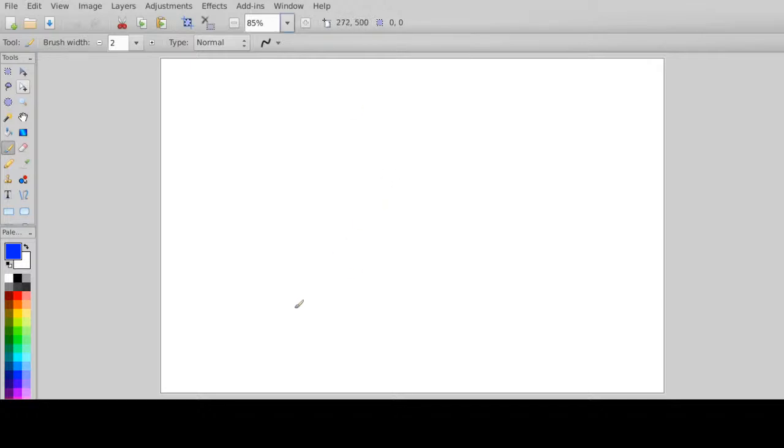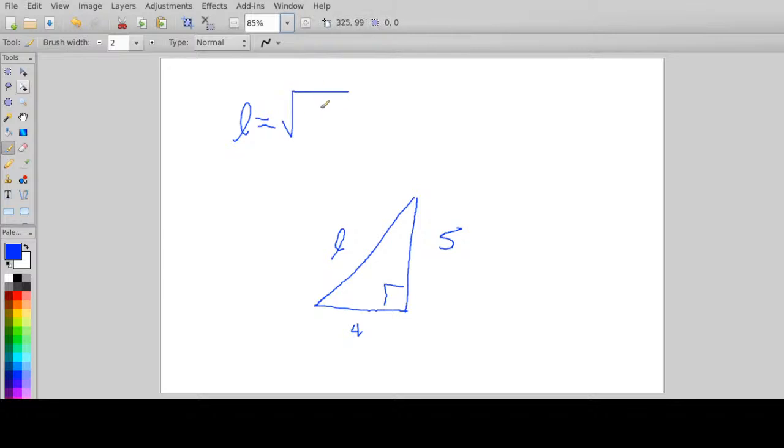If we have here the base of the ladder, which was 4, and the height of the ladder, which is 5, and the ladder sitting like this, what does that look like? It's a right angle triangle. How do you get that hypotenuse? Let's call it L. Well, Pythagorean theorem, so it's the square root of 4 squared plus 5 squared.